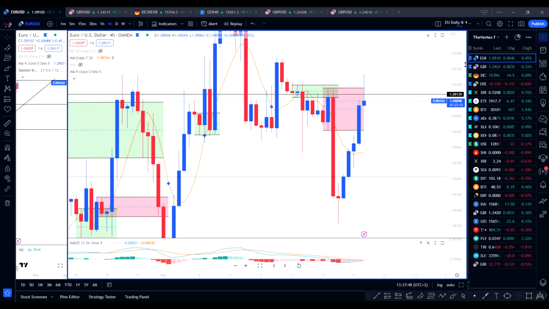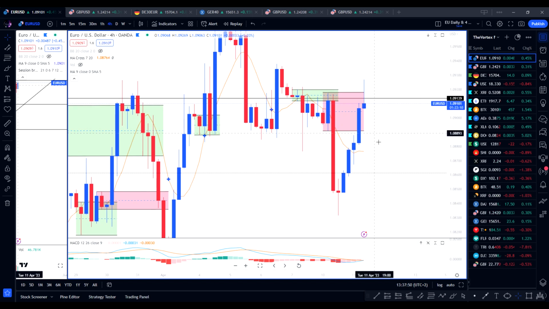All right, so this is how I look at my order blocks, guys. If you do not understand how I trade them, please check out my previous videos, because there is a ton of awesome information on all those videos. I explain so clearly exactly how I like to trade them. I will link a video that I did which describes how I find and draw these order blocks on the charts, and you can find that at the top right hand corner of your screen right now.